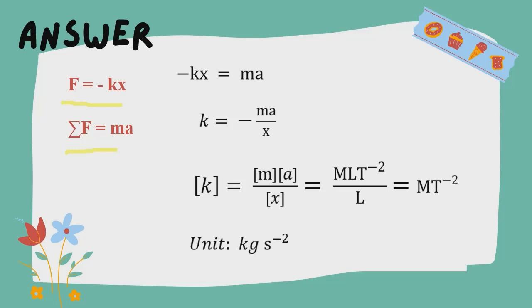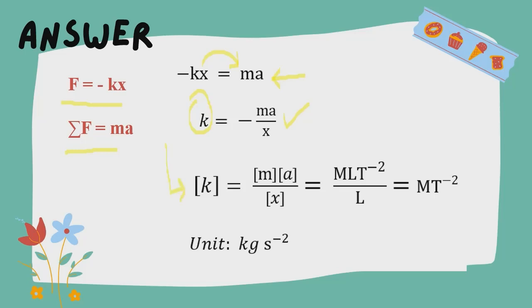As you can see, you can rearrange the equation so that the F is equal. So you will have negative kx equals ma here. And then you need to focus on K. So K will be the subject. So you bring x to the other side, you will get this equation. And then you also bring the negative here.